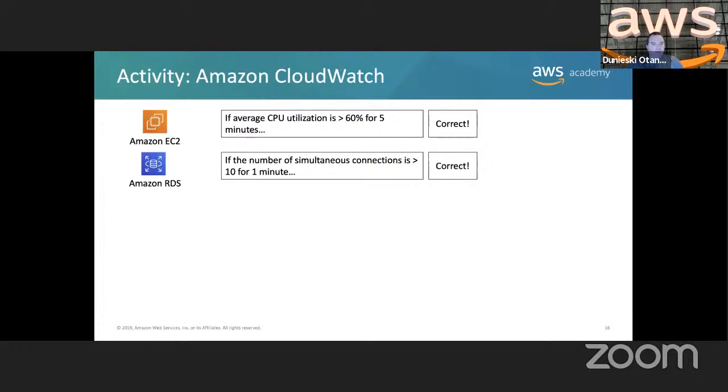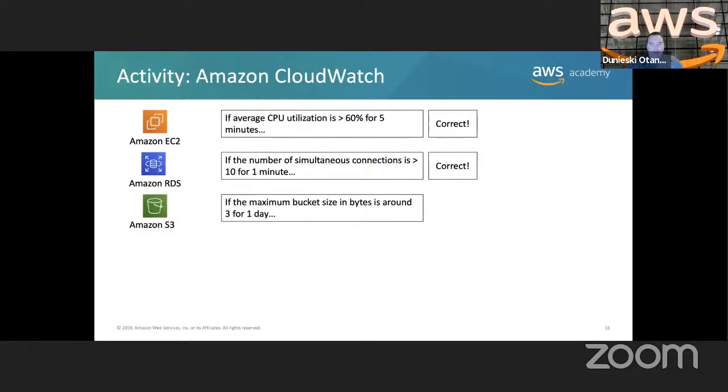So those are the valid policies, or conditions. If the maximum bucket size in bytes is around 3.1, this is incorrect because there's no metric there. CPU is a metric. Connections is a metric for RDS.